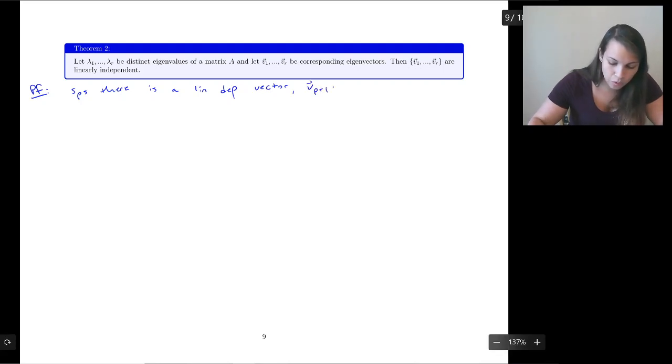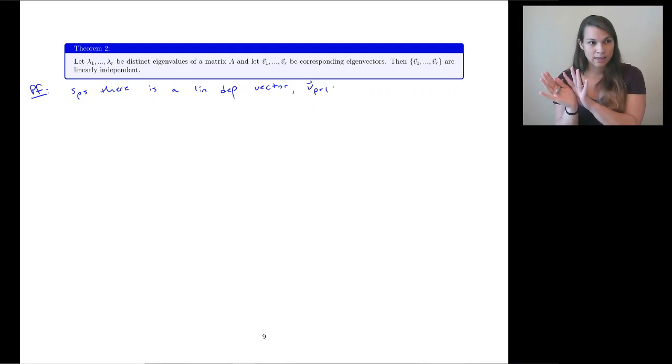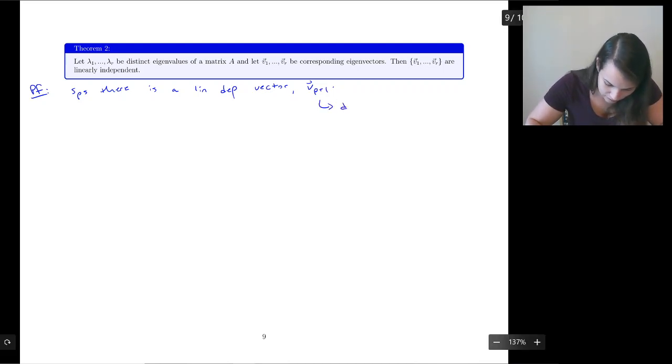Why I'm doing that is it doesn't matter what order our vectors are in. And so I'm just going to say, let's say that our problem vector is v p plus 1, and then he depends on all the vectors in front of him. So we're going to say he depends on v1 to vp.